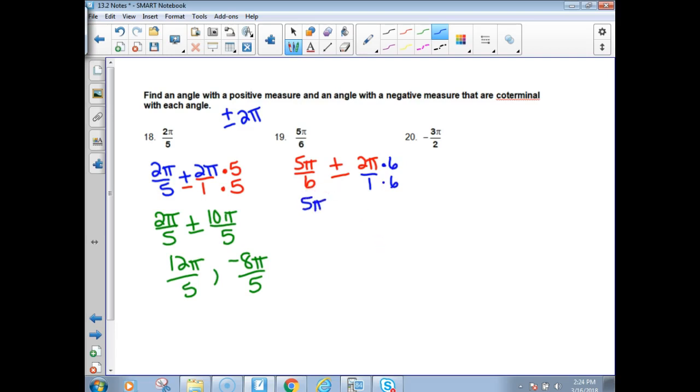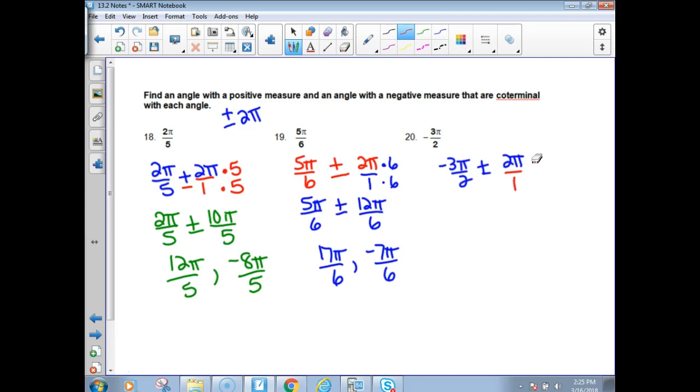So I've got 5 pi over 6 plus or minus 12 pi over 6. 5 pi over 6 plus 12 pi over 6 is 17 pi over 6 for the positive angle. 5 pi minus 12 pi would be negative 7 pi over 6 for your negative angle. When you add and subtract fractions, the denominator must match, and then it remains the same once you add and subtract.